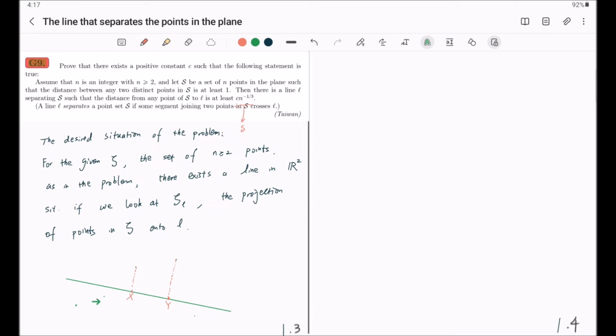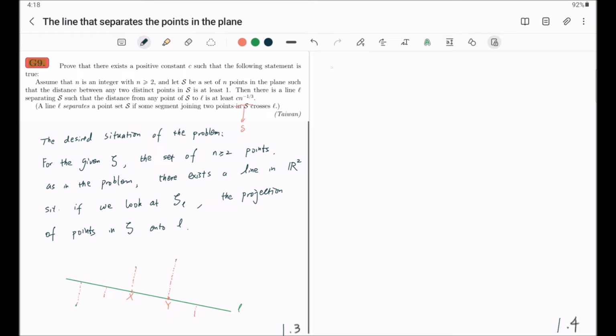Those dots denote the points in S, and we project them onto this line L. So for convenience, let me just draw two of them. Of course, there are also other projections. Now we look at S_L, which is really a subset of the line L.